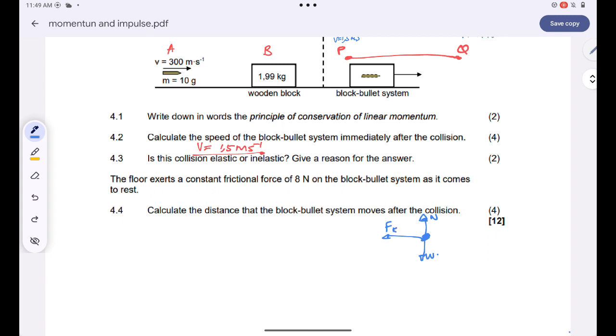There's no force that pushes the block to move towards the right, and hence it comes to a stop. So the only force acting horizontally is the frictional force. So we can simply use the work energy theorem, guys.